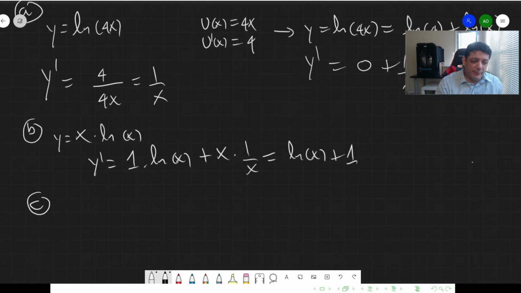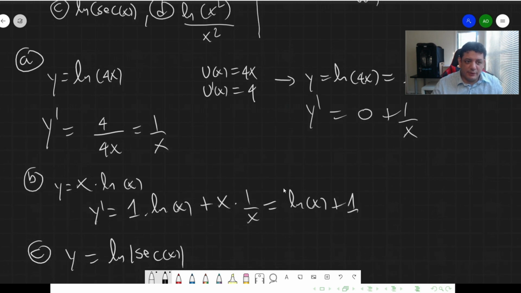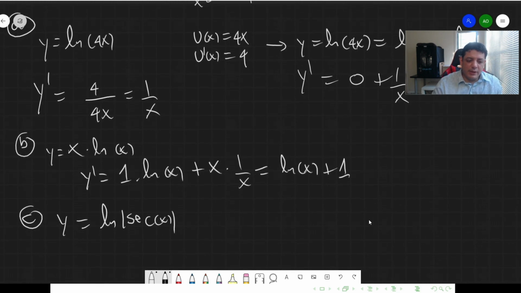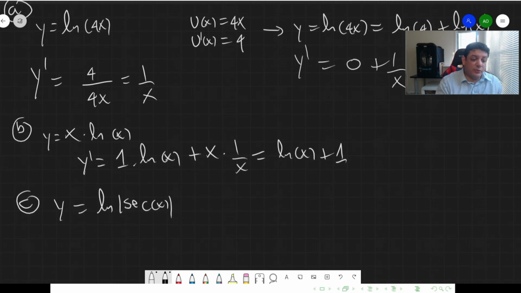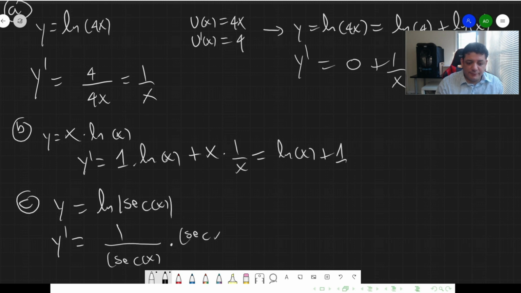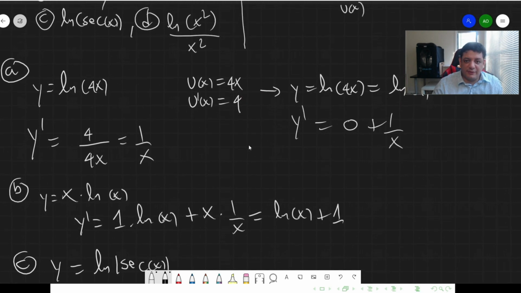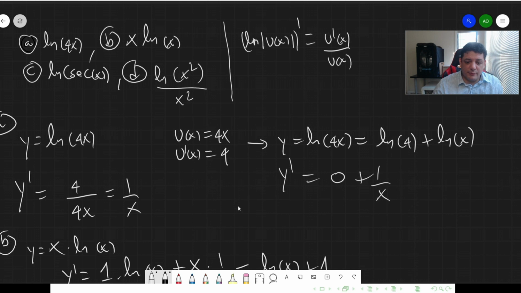Now let's go to number 3. In number 3 we have a composition again. We have log of the absolute value of secant of x, right? And remember that we're essentially doing a chain rule. This is a composition between the log and the secant. So y prime is going to be 1 over secant of x times secant prime of x. Notice this makes sense with the u prime over u formula.